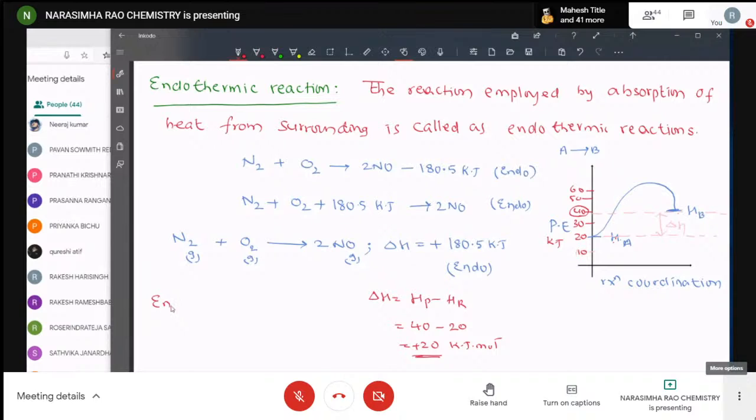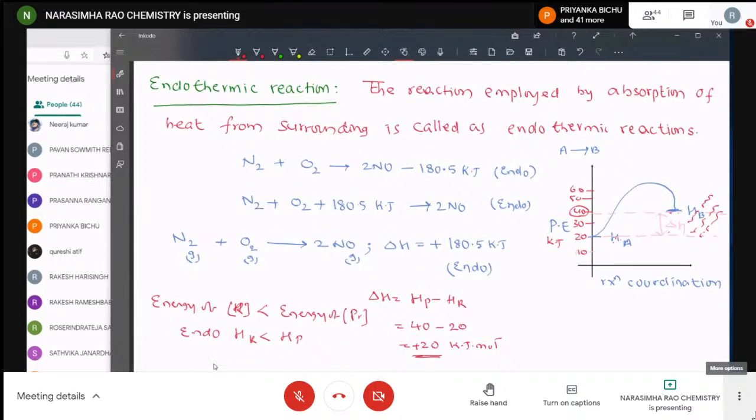Now, the energy of the reactant is lesser than the energy of the product. అంటే ప్రోడక్ట్ ఎక్సెస్ ఎనర్జీ కావాలి కదా, ఎక్సెస్ ఎనర్జీ ఎక్కడి నుంచి తెచ్చుకుంటుంది? It absorbs from the surroundings. So by absorbing, the energy of this product will be greater. So in the case of endothermic reactions, enthalpy of reactant is lesser than enthalpy of product.